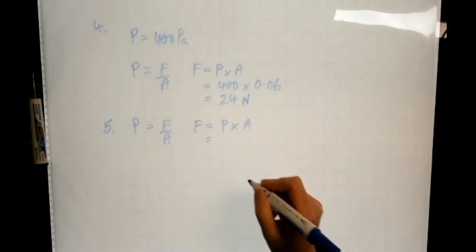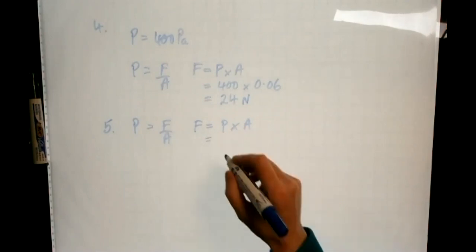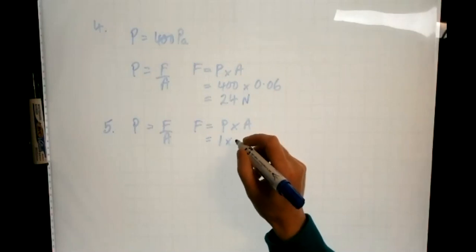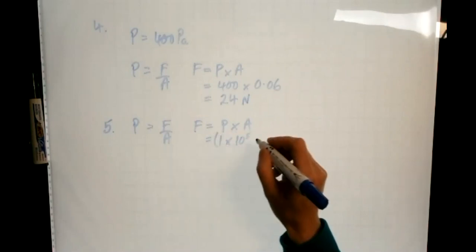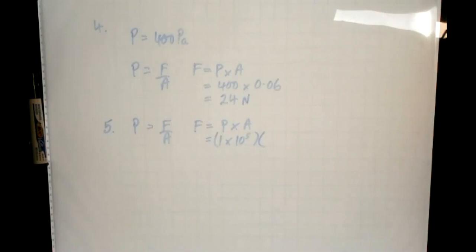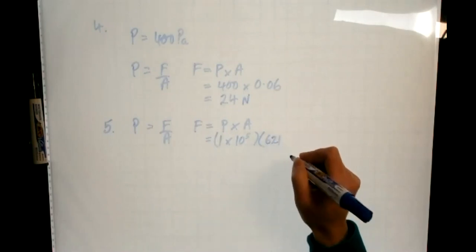So the pressure due to the Earth's atmosphere is 1 by 10 to the power of 5 Pascal. Now, the area is in centimeters squared.